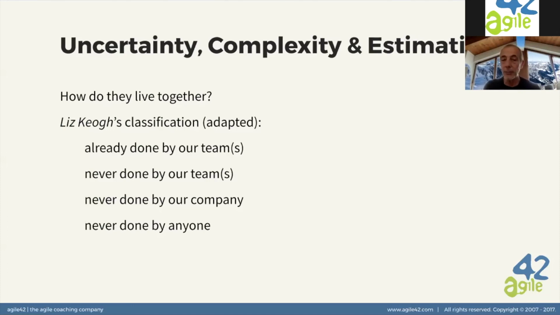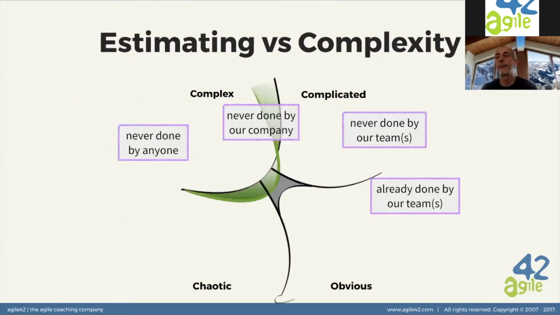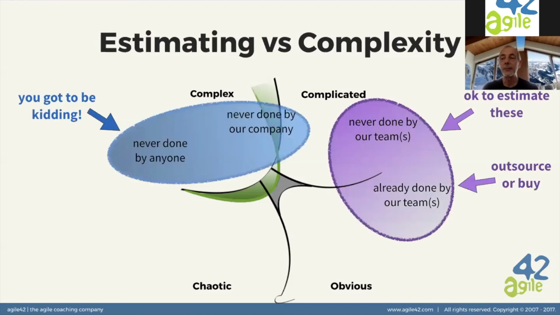So we can map this to the Cynefin domain. I'm sure most of you know what the Cynefin domain is. I will not go into any detail about this, only showing that we can map those 4 classifications in this domain, and we can use these to infer if estimating makes sense or not.